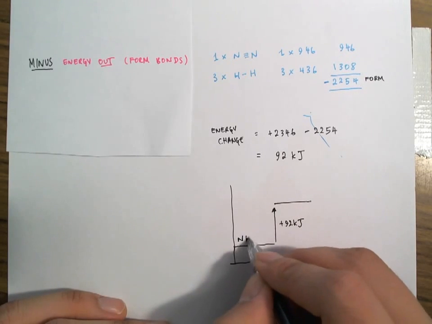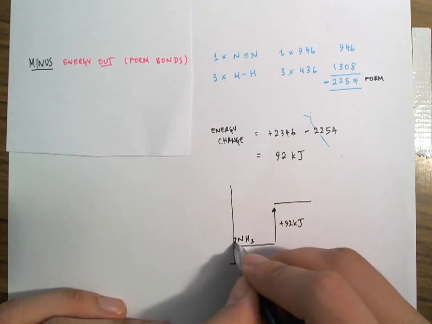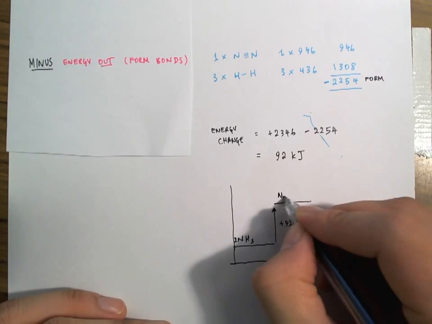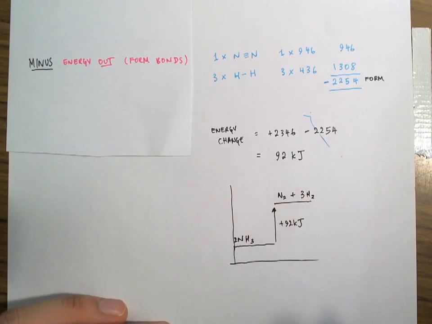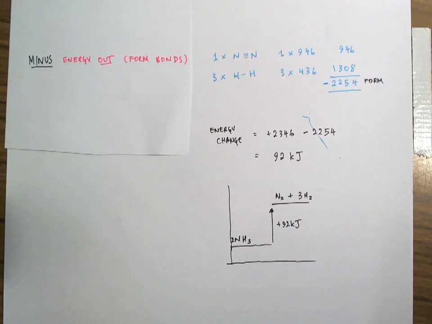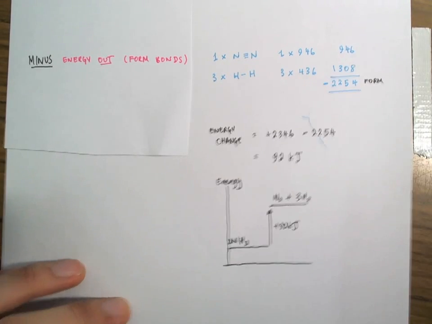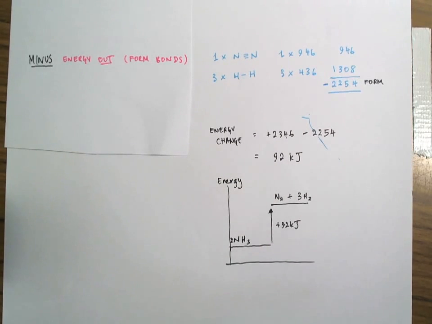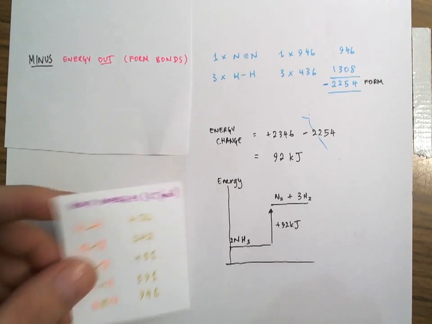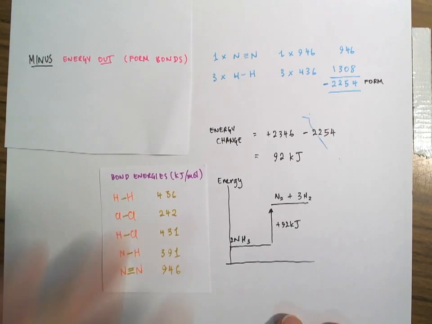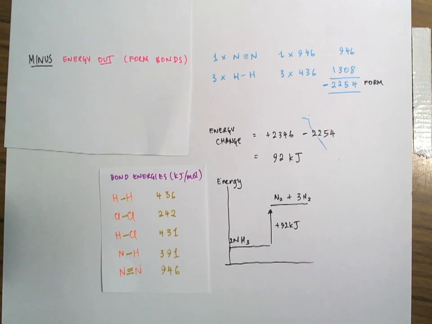So if I take 2 moles of ammonia and break it down into a mole of nitrogen and 3 moles of hydrogen, that's the energy change that results. 92 kilojoules of energy is absorbed by this reaction. So that was 2 quick examples to show you guys how you can look at bond energies to calculate the energy changes in a reaction.